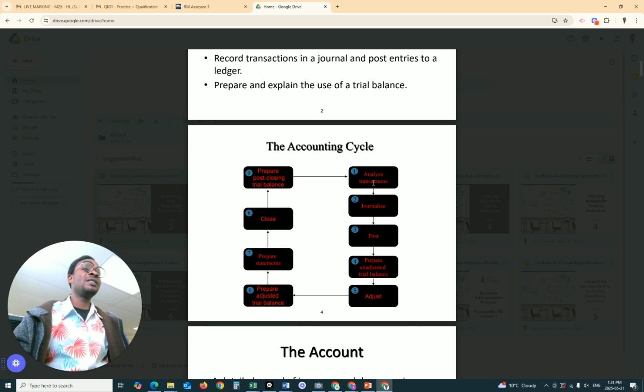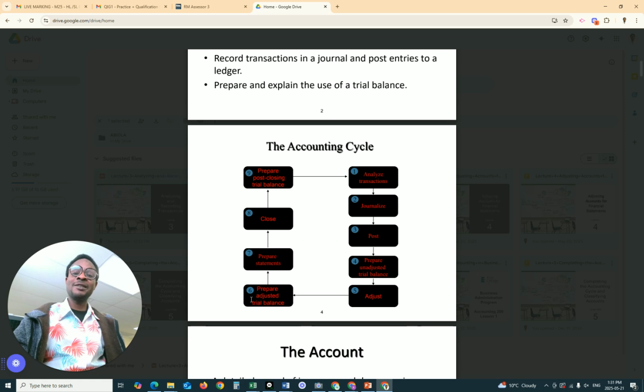So the first is to analyze transactions. Then you post entries, prepare an unadjusted trial balance, and adjust the trial balance so that you have an adjusted trial balance. After the trial balance has been adjusted, you can then proceed to preparing financial statements.